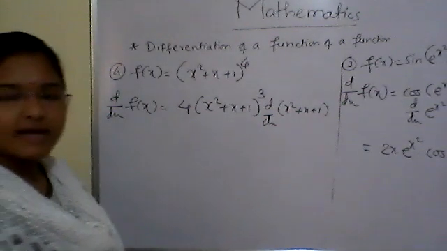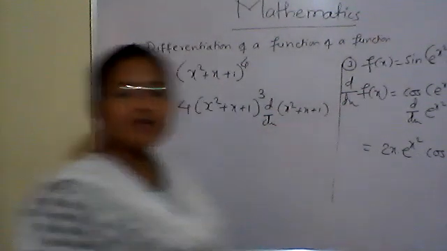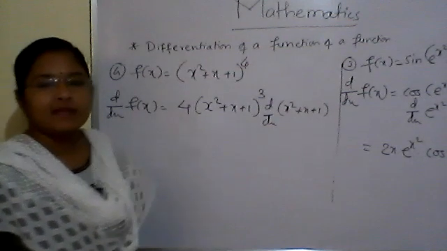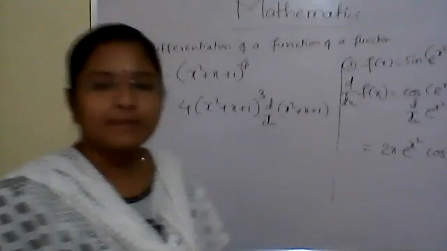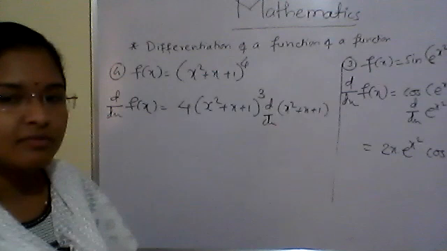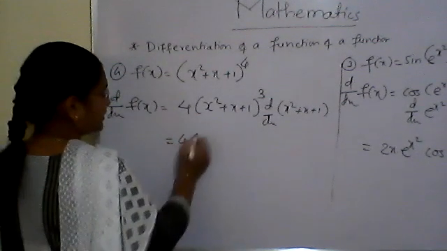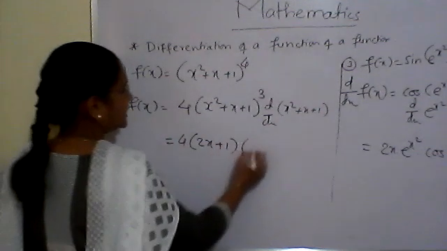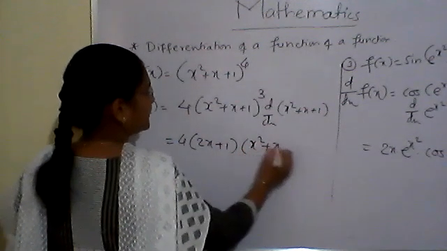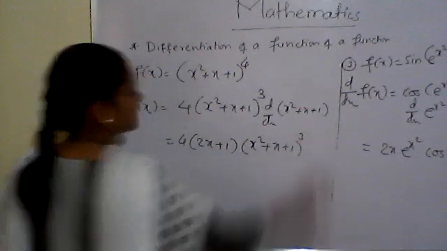Is it correct? What is the derivative of the bracket? Derivative of the bracket is 2x plus 1. So it is 4 into 2x plus 1 into x square plus x plus 1 to the power 3.